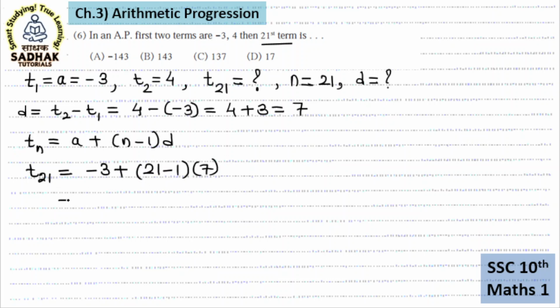So that will give us minus 3 plus 20 multiplied by 7, which is 140. So that will be minus 3 plus 140 is equal to plus 137. So our correct answer will be option C, 137.